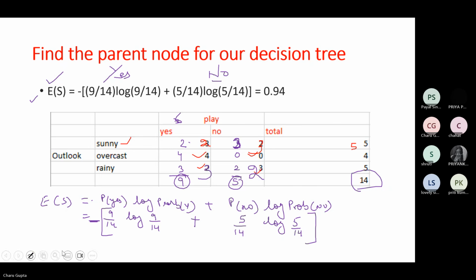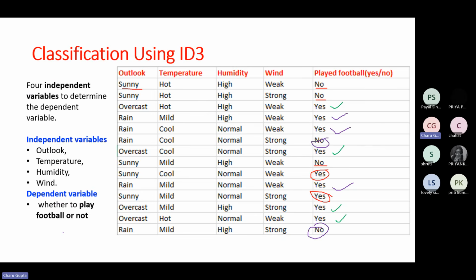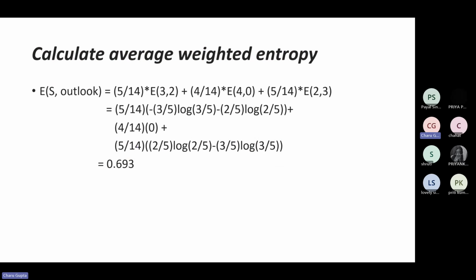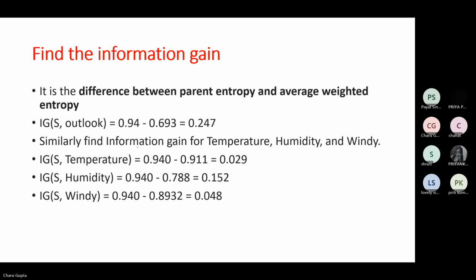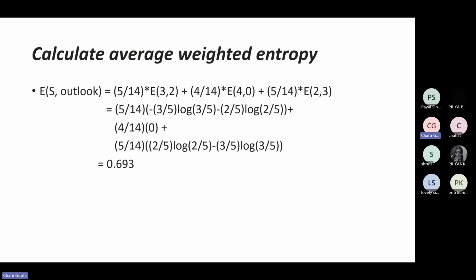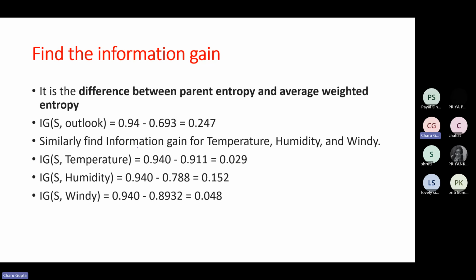Similarly, we will be doing the same operation, same set of calculations on the second variable, that is temperature. Right? And then we will find out the different, see, now this is how we have calculated it.